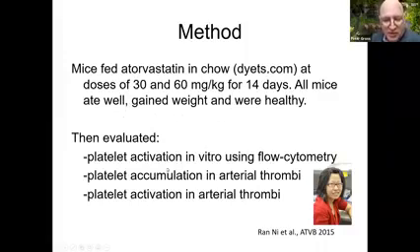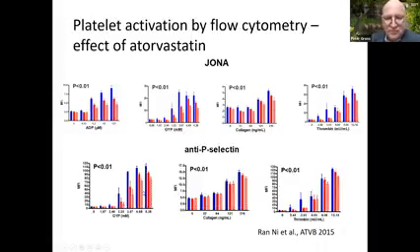And then we evaluated various markers of platelet activation in vitro and in vivo. So here you can see that in platelets treated with atorvastatin, which is the 2 doses in the red compared to control in the blue, there's significant reduction in ADP-induced platelet activation.